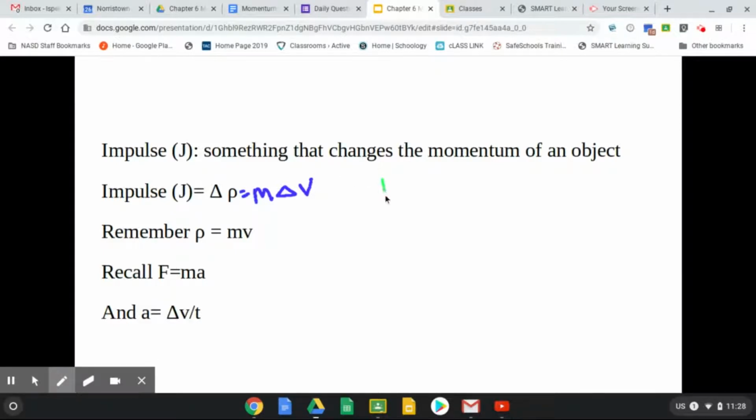We've got F equals ma, and acceleration is a change in velocity divided by time. So F equals m delta v over t. We can multiply both sides by t, and we get Ft equals m delta v.